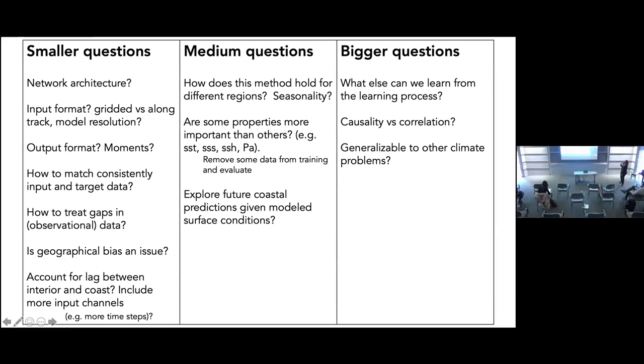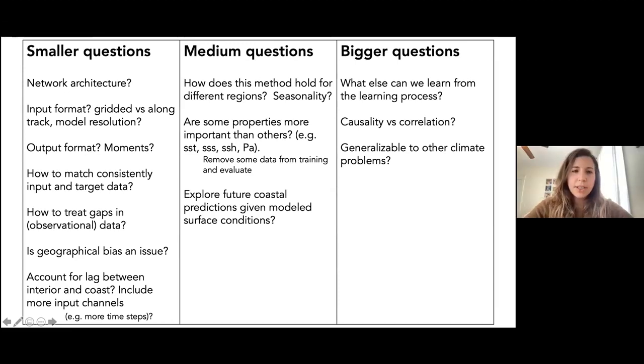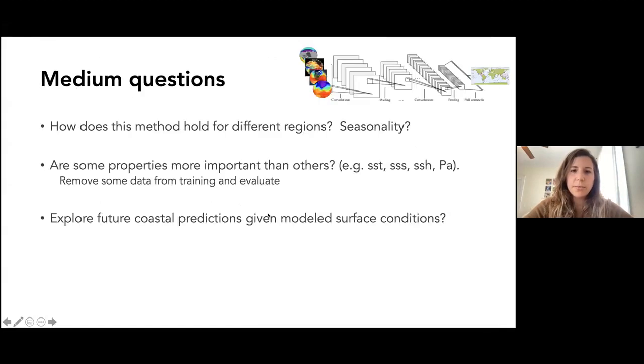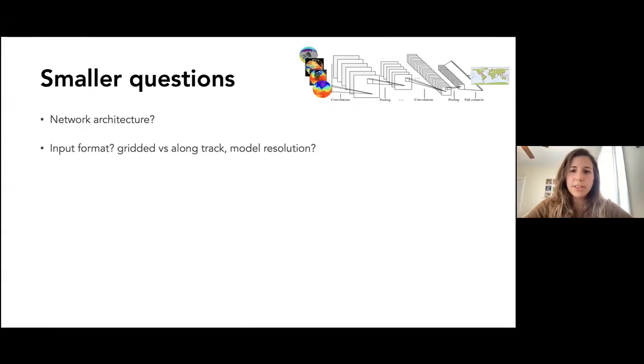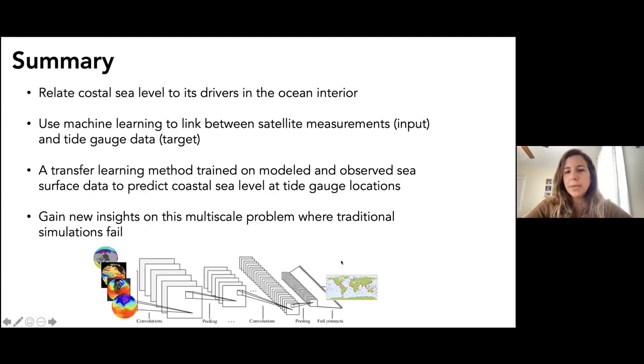I had a question about geographical bias. Is it an issue? Maybe you already talked it through, but could you explain it again, please? Yeah, so looking at the map of the tide gauge data, it's not consistent over the entire globe.